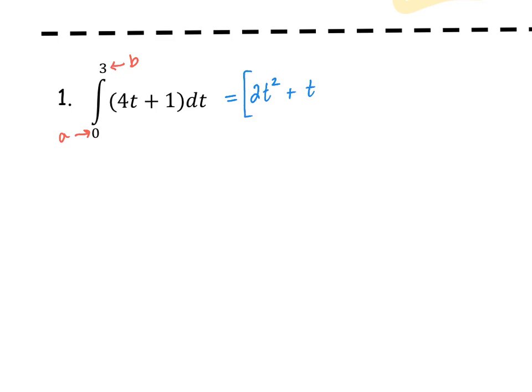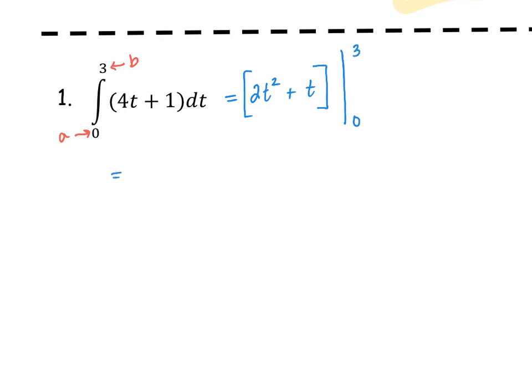Then I'm going to create little brackets. You can do brackets or parentheses, it doesn't really matter. And I'm going to draw a vertical line, and that's an evaluation line. What we're saying is, I want to plug these values into my independent variable and solve. So I'm going to do this from 0 to 3.